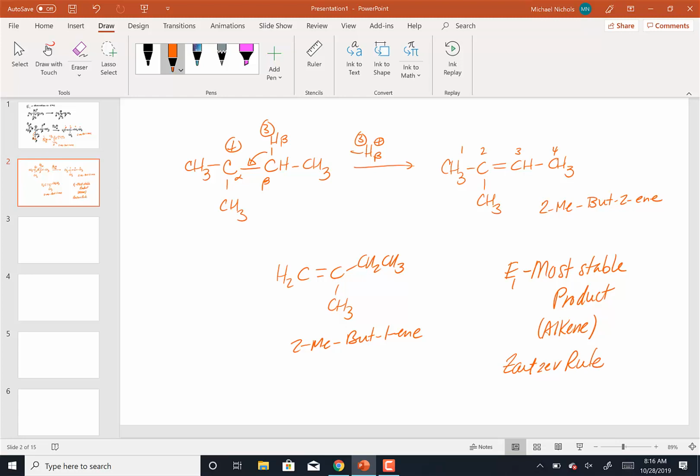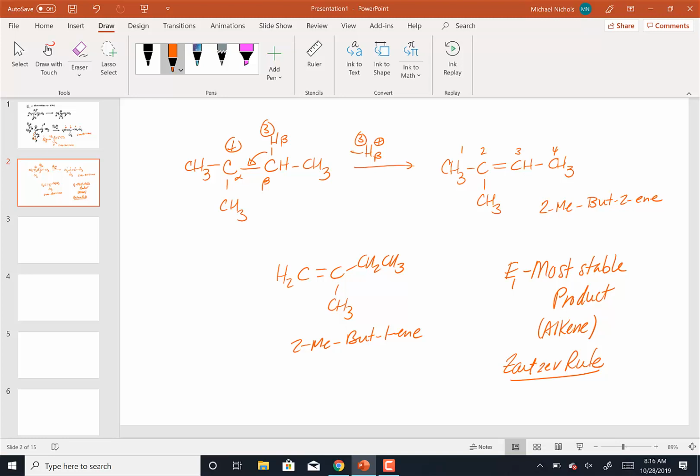And Zaitsev is spelled in a bunch of different ways because Zaitsev was Russian. It got translated into German, which got translated into English. So there are many different spellings of Zaitsev. And what Zaitsev did was, Zaitsev did a bunch of E1 reactions. He didn't really know they were E1 reactions at the time.